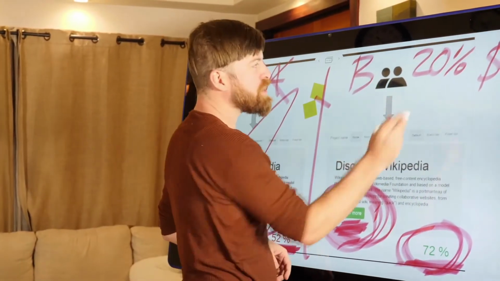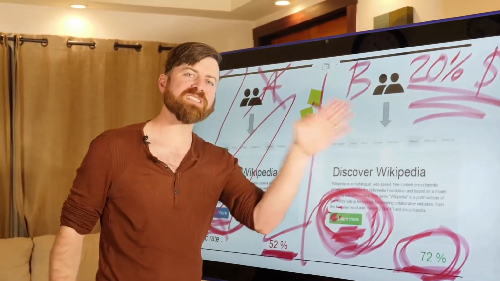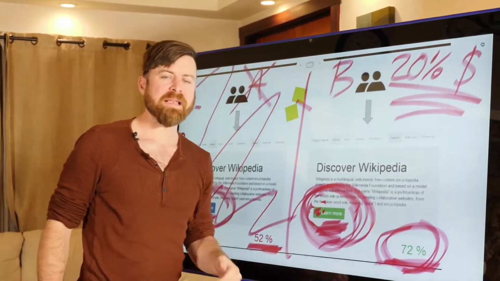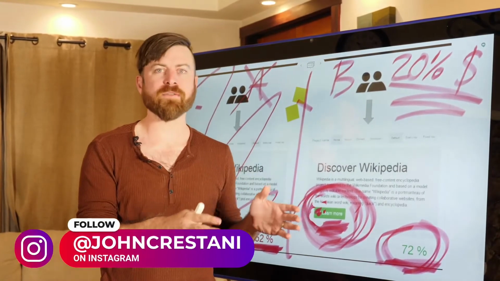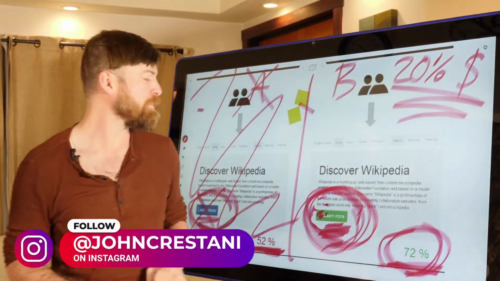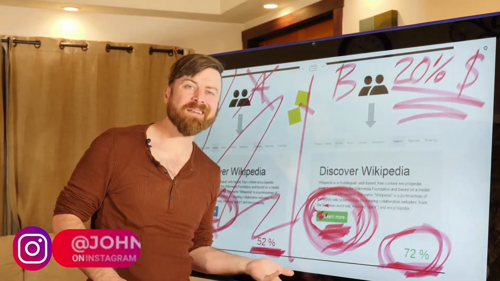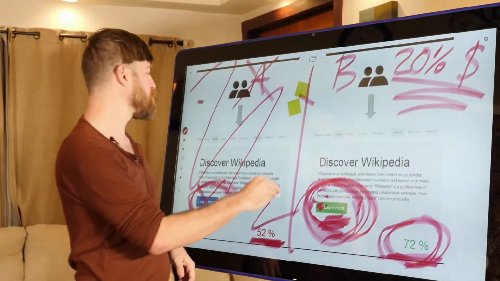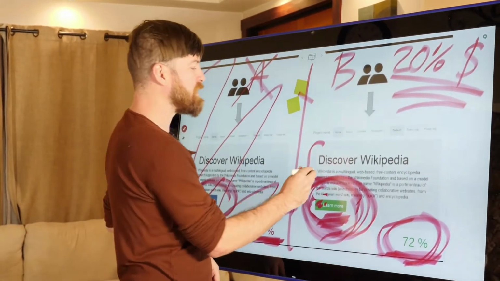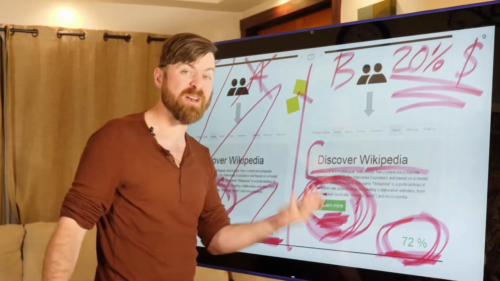Wikipedia, just by changing the color of their button, received 20% more money. Now, if you could receive $100 or if you could receive $120 simply by changing a color on a button, imagine how many more gains you could make by changing the headline. Instead of saying discover Wikipedia, maybe there's a better way of phrasing that.